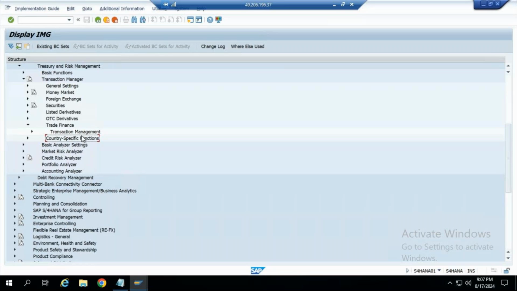Even after it was introduced in S4HANA, it has now been extended to SAP ECC as well.